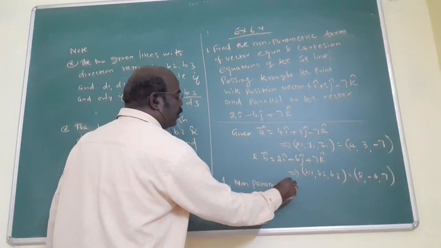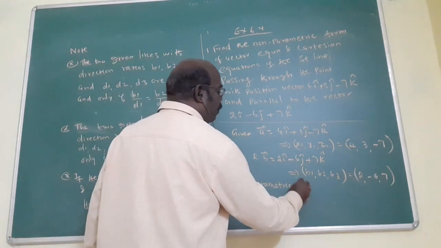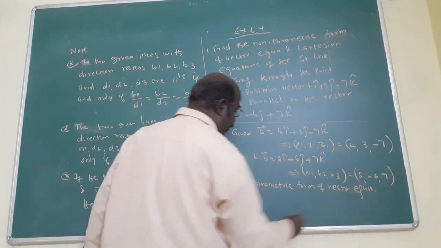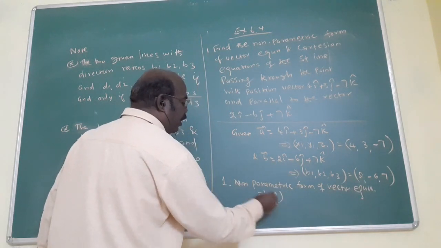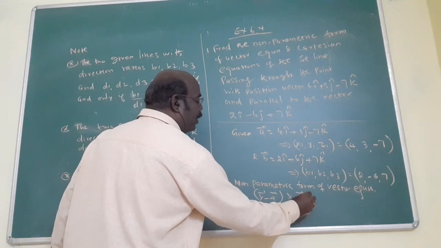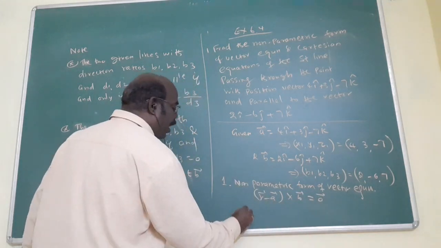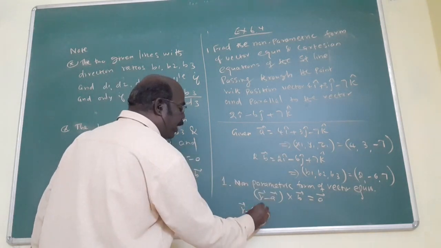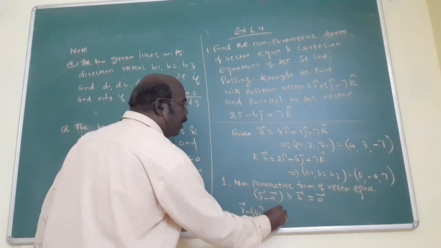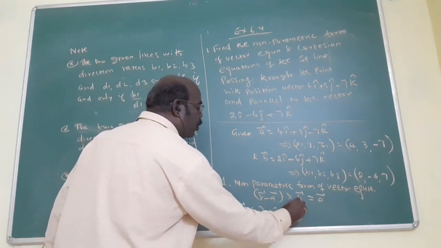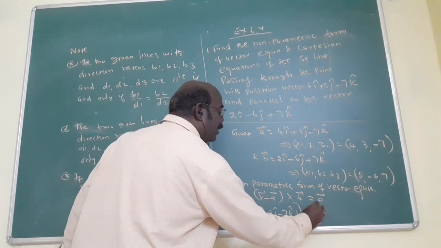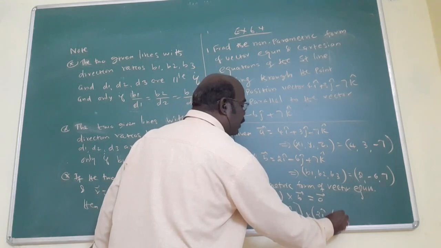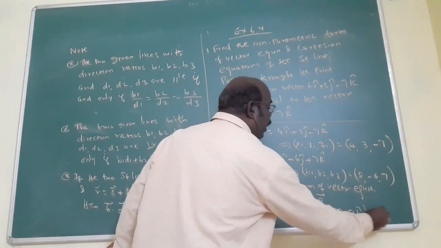The non-parametric form of the vector equation. What is the formula? r vector minus a vector, cross b vector, equals 0 vector. r vector only, minus inside, the a vector is what? 4i cap plus 3j cap minus 7k cap, close the bracket, cross the b vector, which by our assumption is 2i cap minus 6j cap plus 7k cap, equals 0 vector.